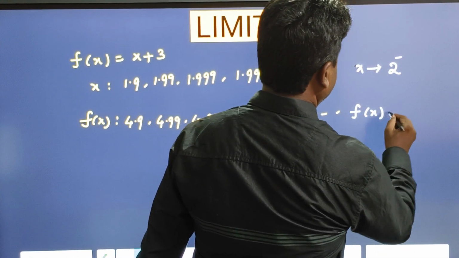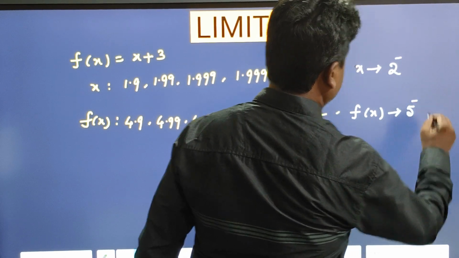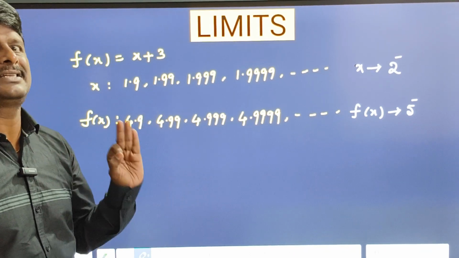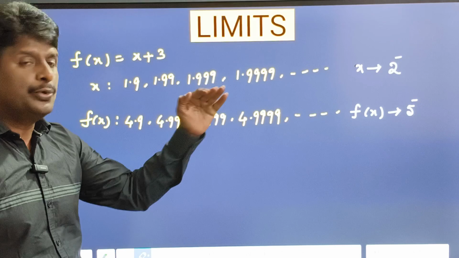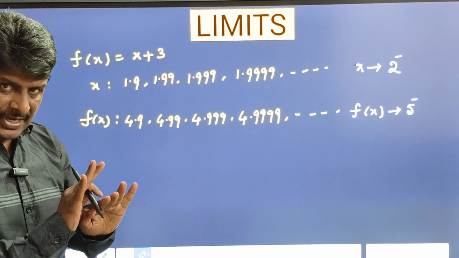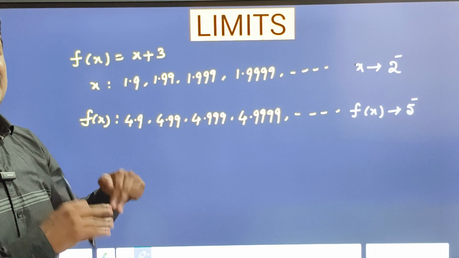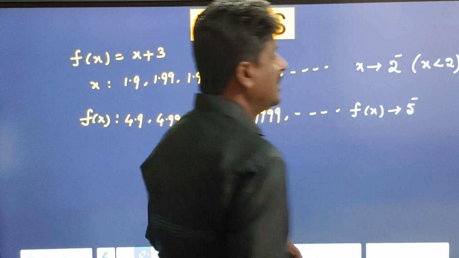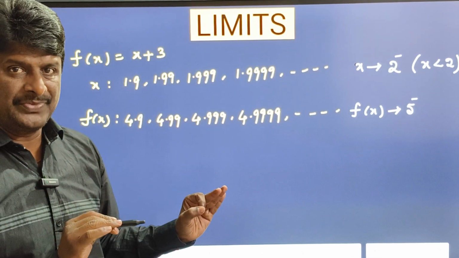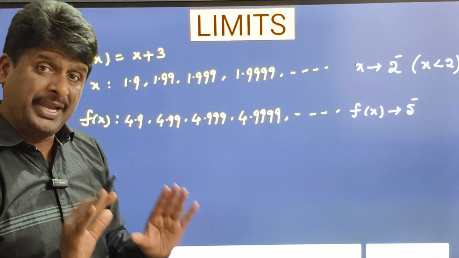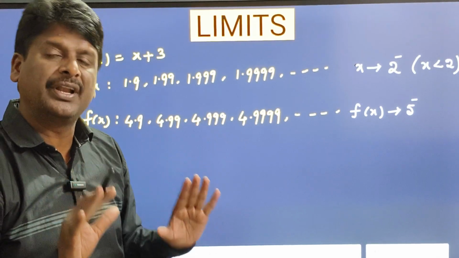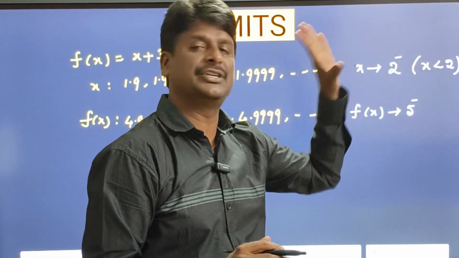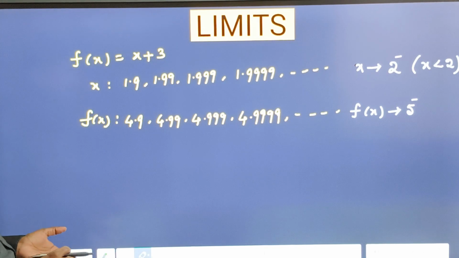This situation is denoted by f of x tends to 5 minus. x tends to 2 minus stands for x value is less than 2, x value is not equals to 2 and less than 2. What it says? x less than 2 and x is very closer to 2. x less than 2 means don't think that x value 1 also. No, it is very closer to 2 and less than 2, denoted by x tends to 2 minus.